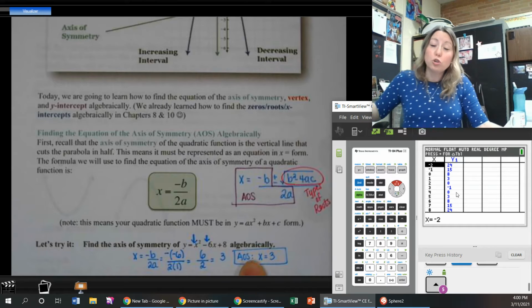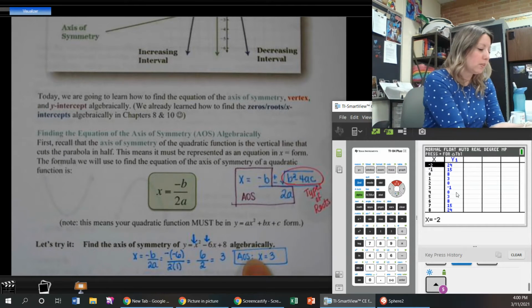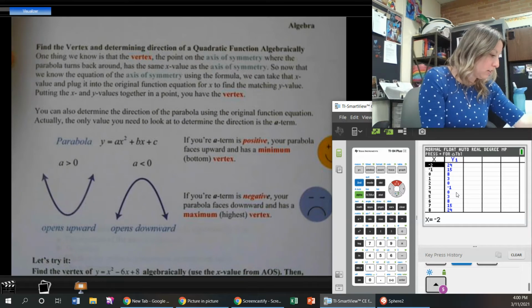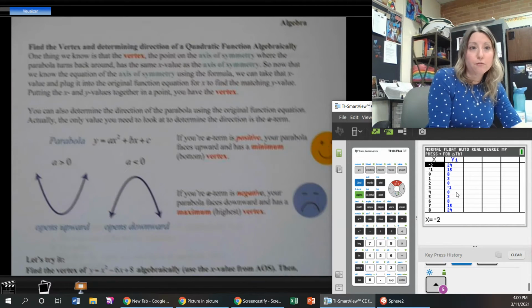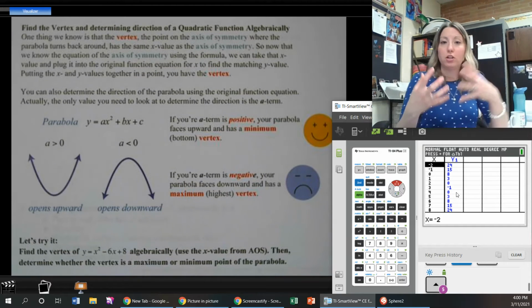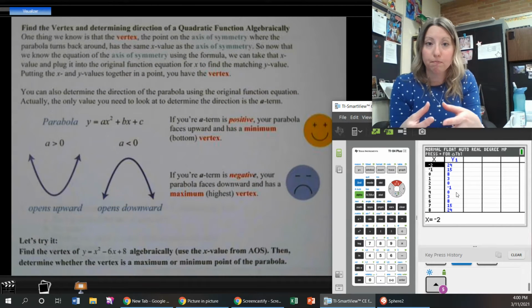Okay, so speaking of, I can also use that to find the vertex. Now, there's two things we can use with our function equation to help us with the vertex, okay?